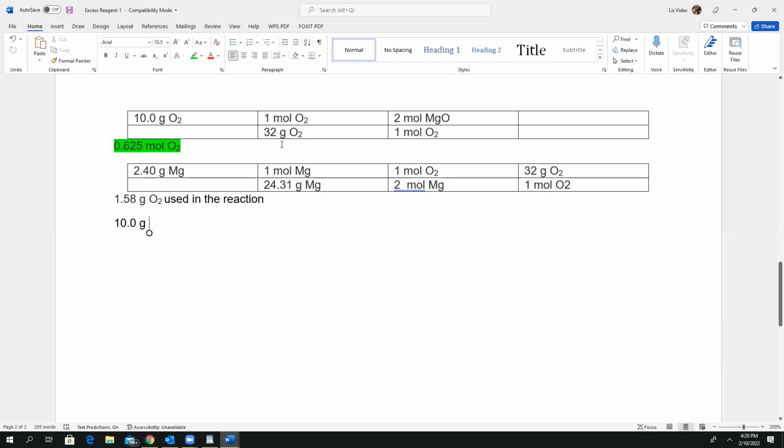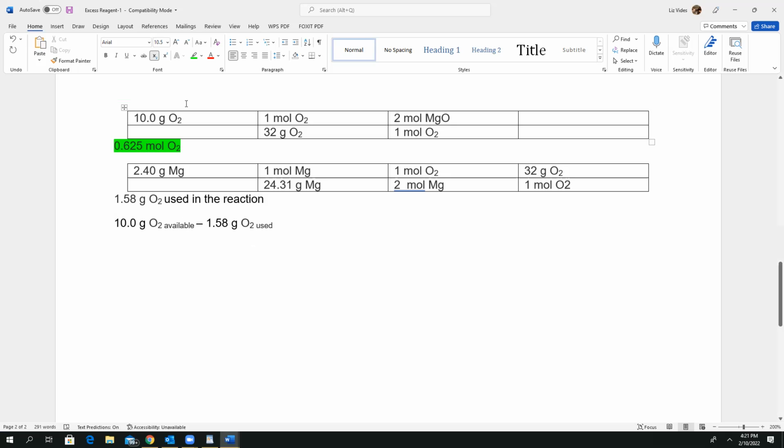It disappeared on me. Okay, so Control V: O2, minus what we actually made. That's how much is in excess. So this is what we had available, and this is what was used.